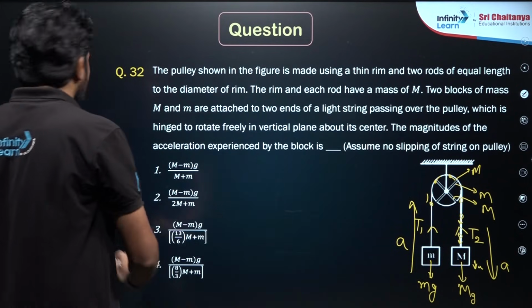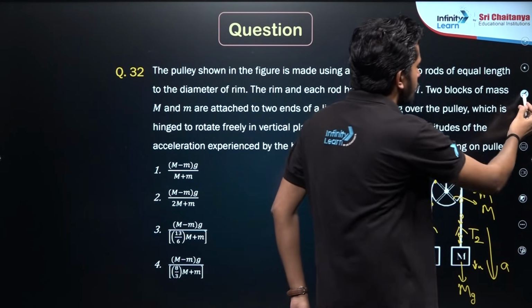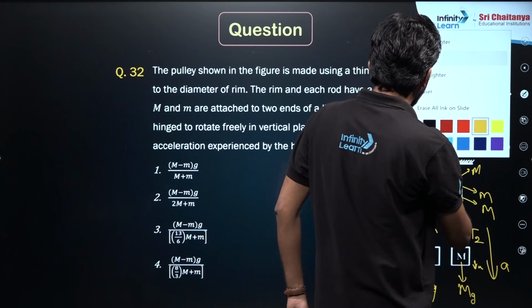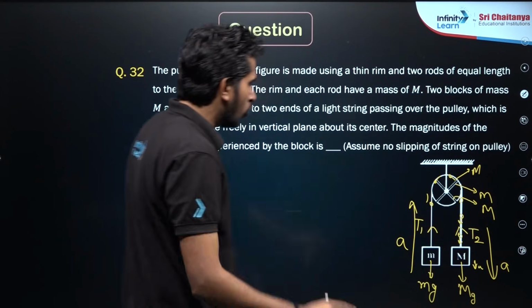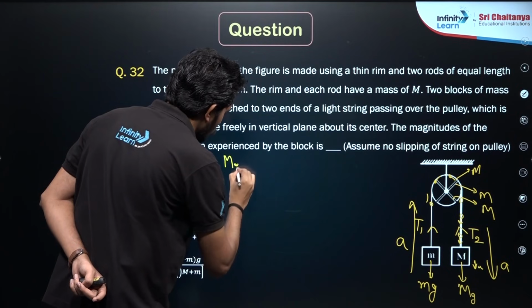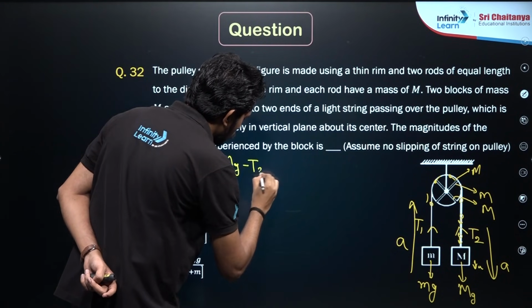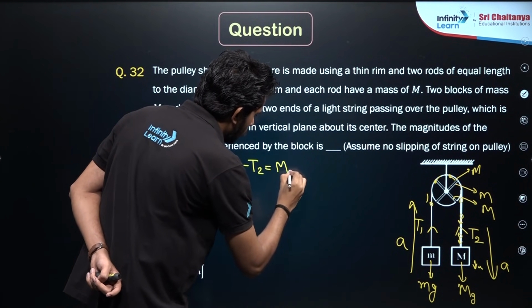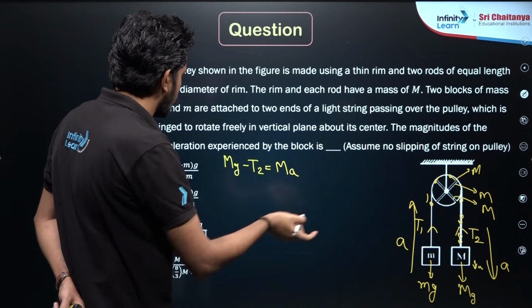Just make the equations and the question is pretty easy. Mg minus T2 equals ma, equation number 1.